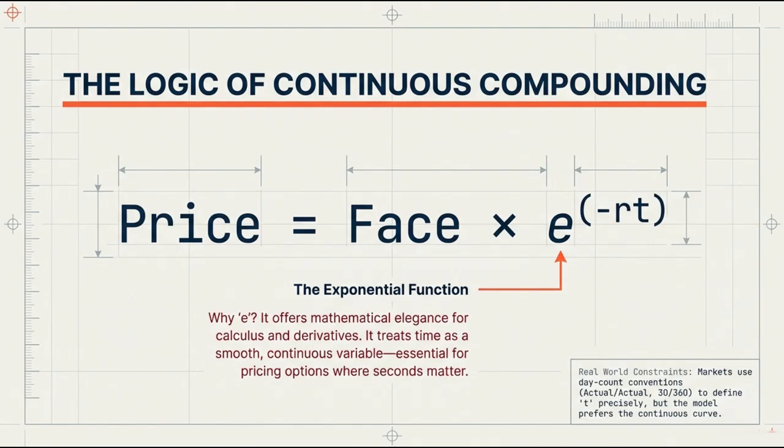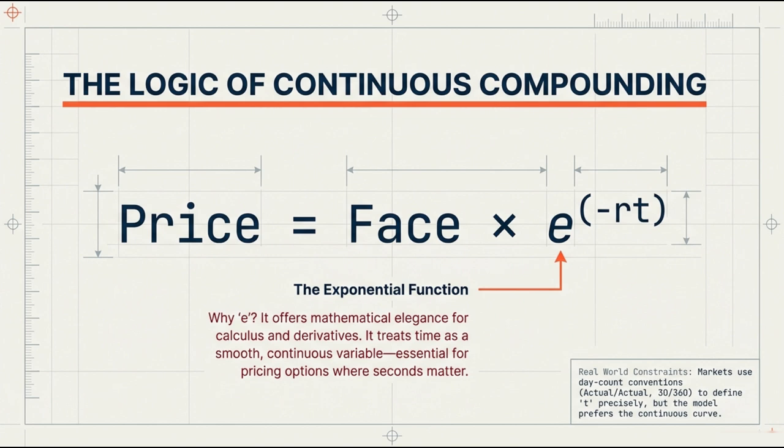Let's use the standard theoretical framework for this: continuous compounding, using the exponential function. Why is that preferred in complex financial models, even if the market quotes use, say, semi-annual or annual compounding? Continuous compounding, where interest is calculated and reinvested infinitely often, is just mathematically superior for this kind of work. It treats time as a smooth, continuous variable. Which is useful for derivatives.